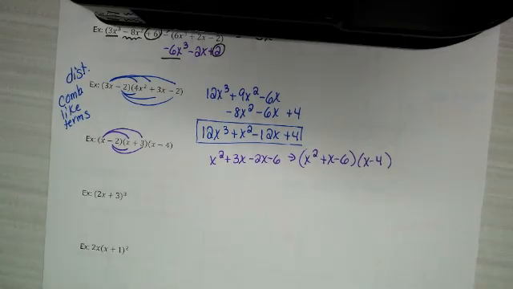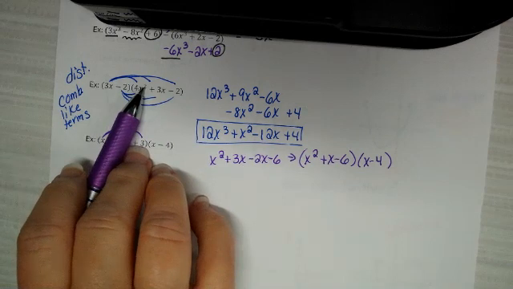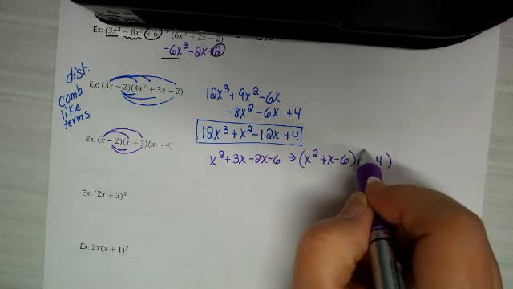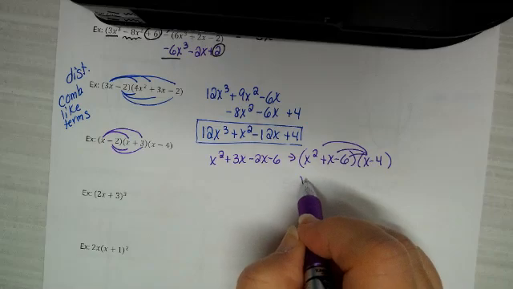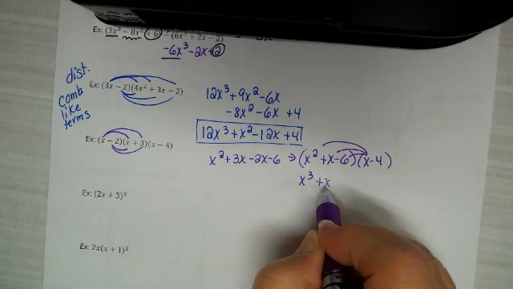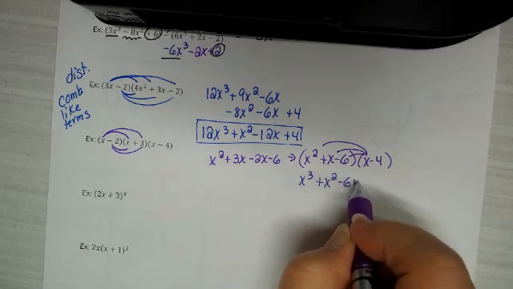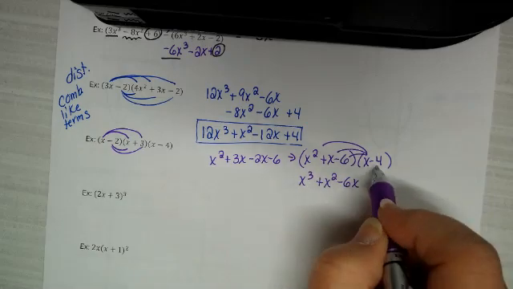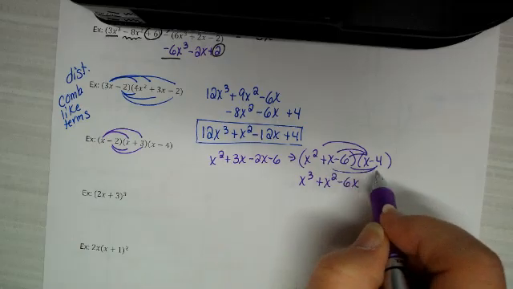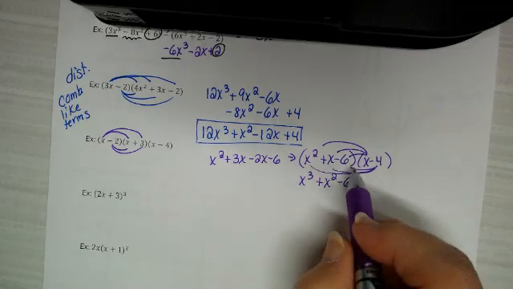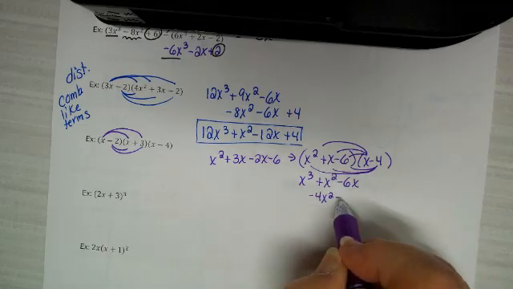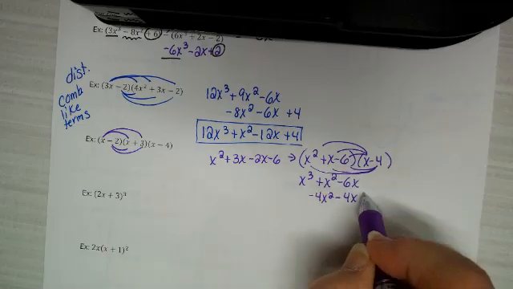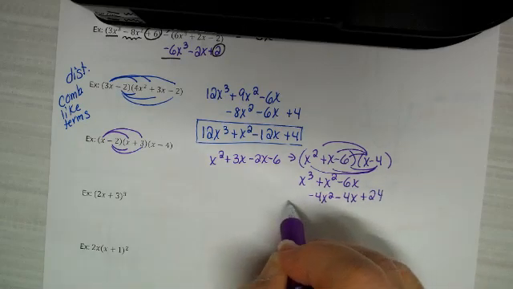So now we're going to treat this the same way we did the previous example. I'm going to distribute my x and get x to the third plus x squared minus 6x. Then I'm going to distribute my negative 4 and get negative 4x squared, negative 4x plus 24.